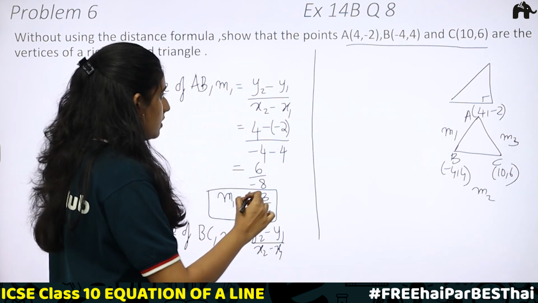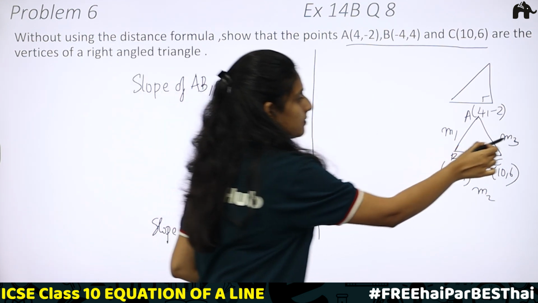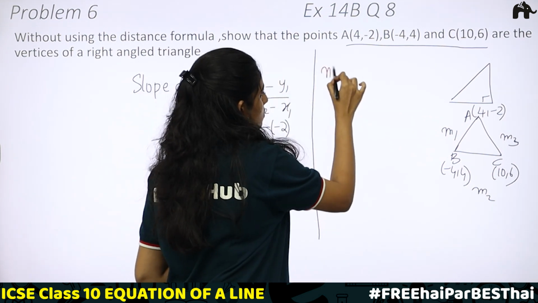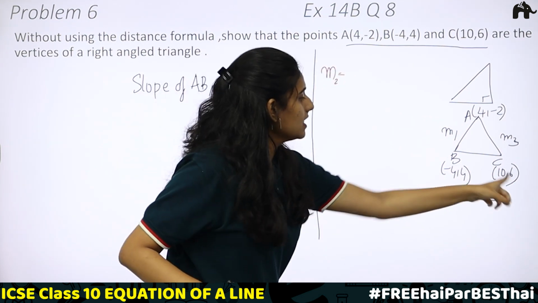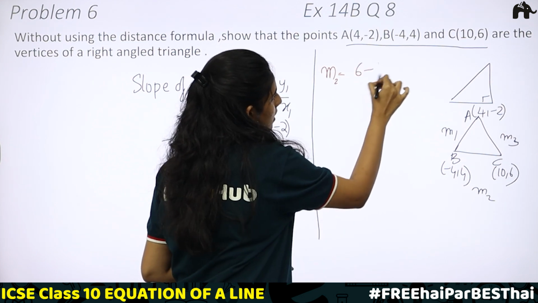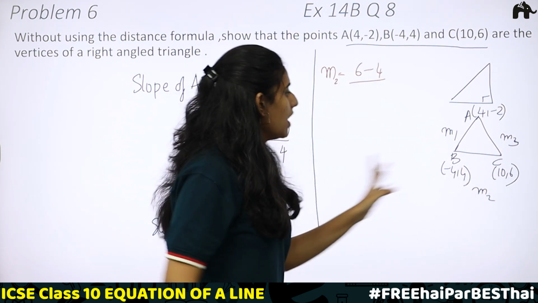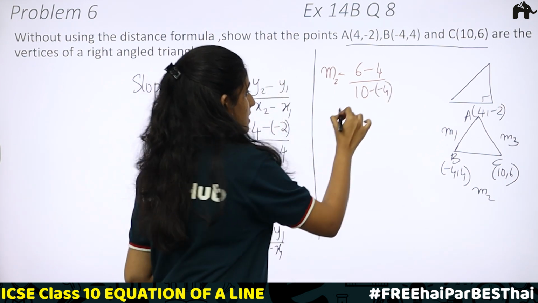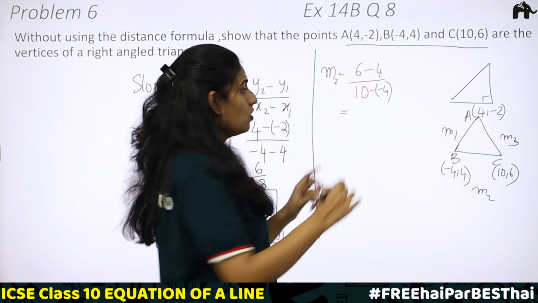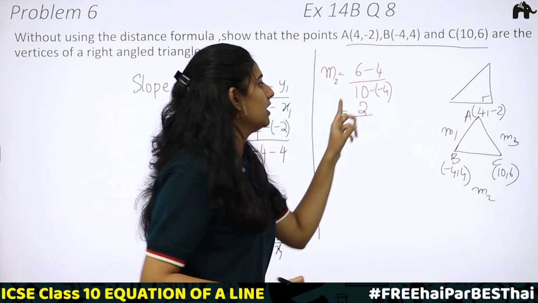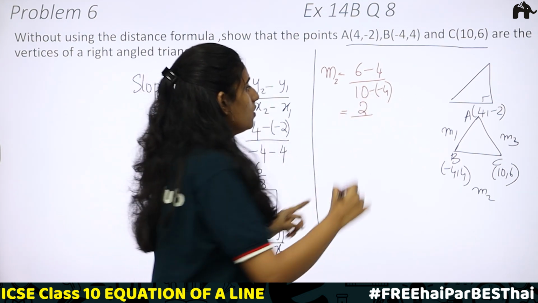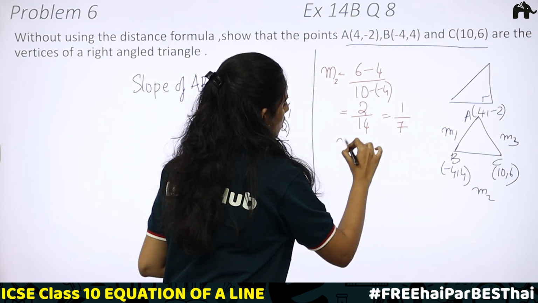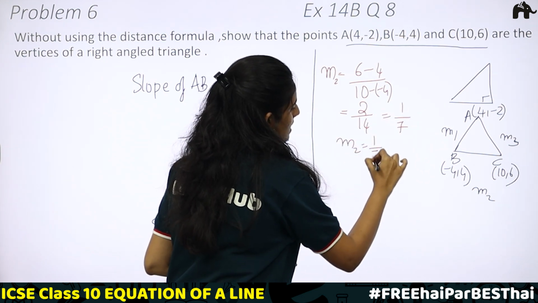Put the values, we will be getting M2 is equal to 6 minus 4 divided by 10 minus of minus 4. That is equal to 6 minus 4, 2, divided by 10 minus of minus 4, 10 plus 4 which is equal to 14, which is 1 divided by 7. We got M2 is equal to 1 by 7.